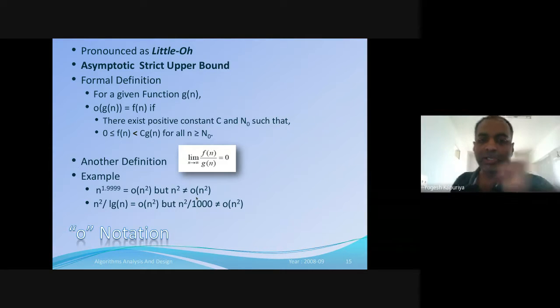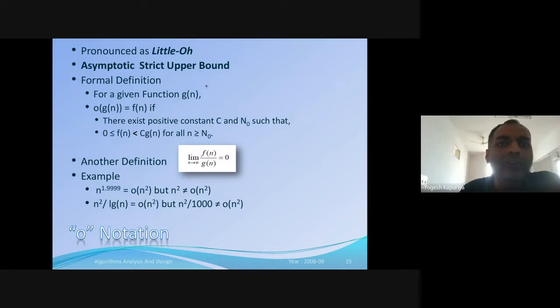So I hope you understood this. The only difference is that instead of getting an upper bound, here it is a strict upper bound. Strict means that it has to be beyond it. You can't have equality. So it's always greater than the given function, not greater than or equal to the given function. Right? So only that is different. Usually we don't use little o notation for showing the time complexity of any given function.